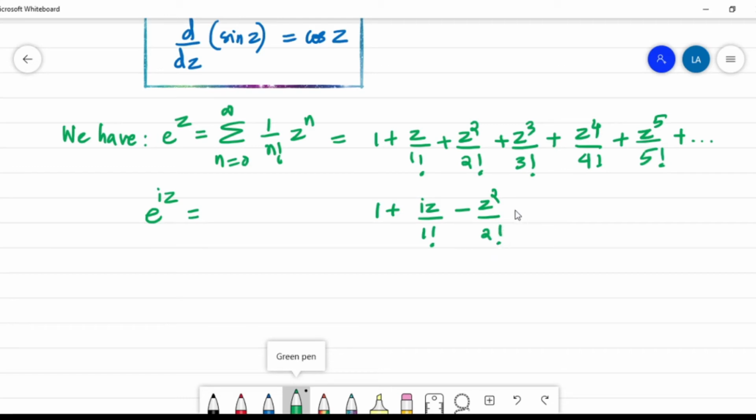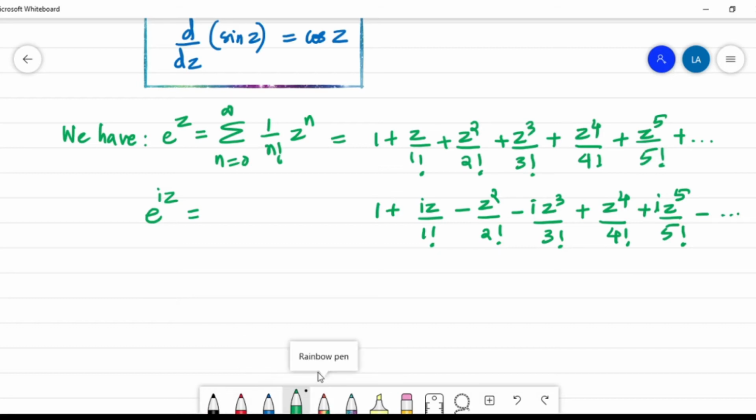Now plus iz the whole cubed, that is nothing but minus i z cubed by 3 factorial. The next is iz the whole raised to 4, that is nothing but plus z raised to 4 by 4 factorial. The next term will be plus i z raised to 5 by 5 factorial, then minus etcetera. It goes on like that.